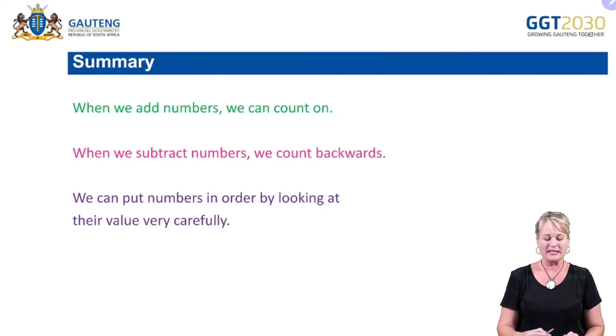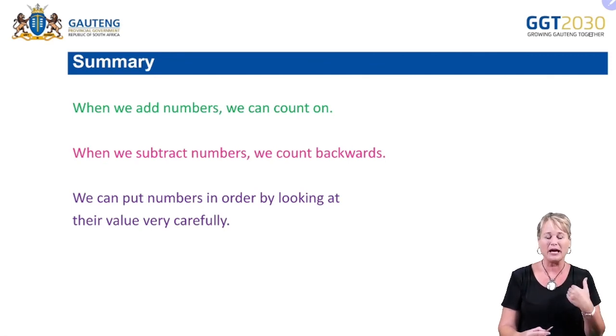Let's have a look at our summary now. So when we add numbers, we can count on. We can use our fingers and we can count on. Or we can split up our number and make sure that we count to 10 first, and then we add on the units or the ones. When we subtract numbers, we count backwards because we are taking some away.